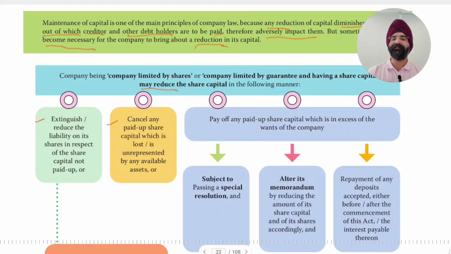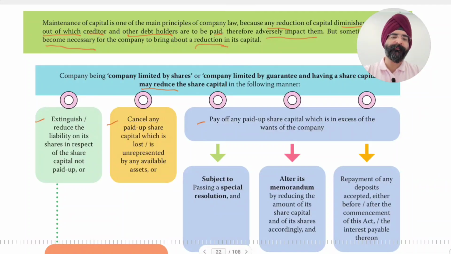Second is to cancel any paid up share capital which is lost or is unrepresented by any available assets. Means the share capital is lost and there are no assets to match the share capital. Then also share capital can be reduced from the books of the company, the balance sheet of the company.